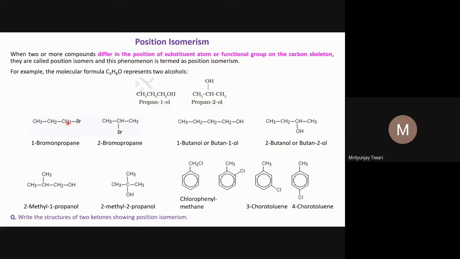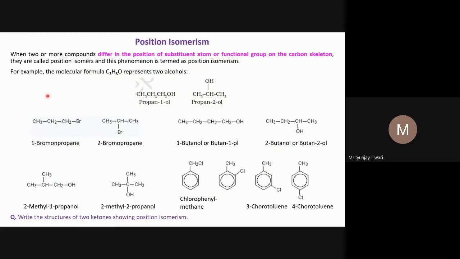In certain cases, suppose this was CH3CH2Br, and in another case, CH2BrCH3. In these two compounds, there is no possibility of position isomers. Both the compounds are the same because the compound has only two carbon atoms. With these two carbon atoms, the numbering will start from the carbon atom which is attached to the bromine.